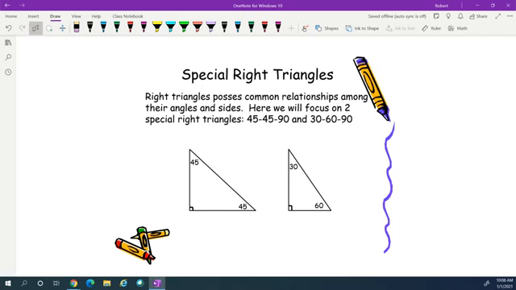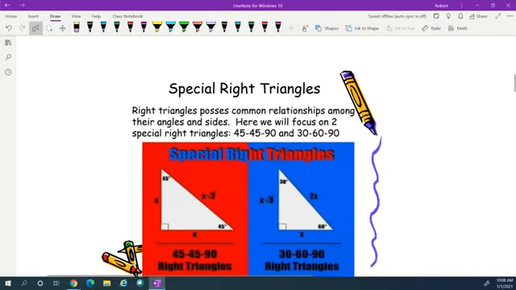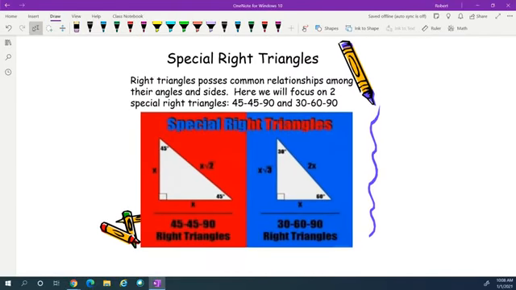So let's get started here, and we're going to start with the 45-45-90. But what I want to show you, and this may not be 100% clear, is clipped right from a textbook. This is how the rules for these are presented in a textbook. What they're really showing you is just the relationship among the sides.